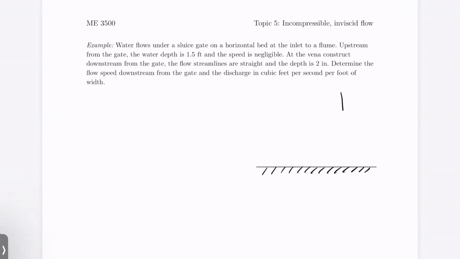Okay, so a sluice gate is essentially a gate like this, where when it's down, it's kind of like a dam, and then you can lift it up and water comes out through the crack between the ground and the wall.